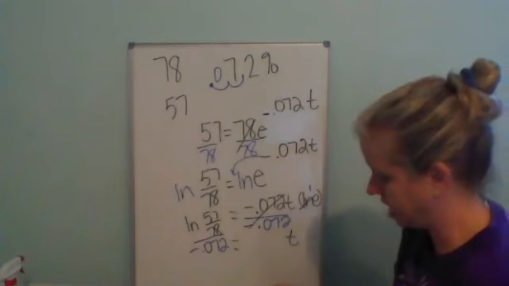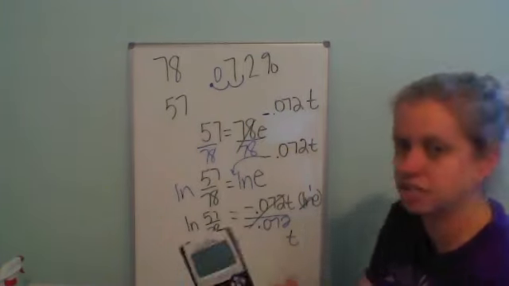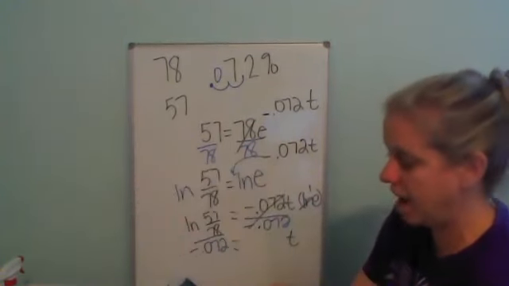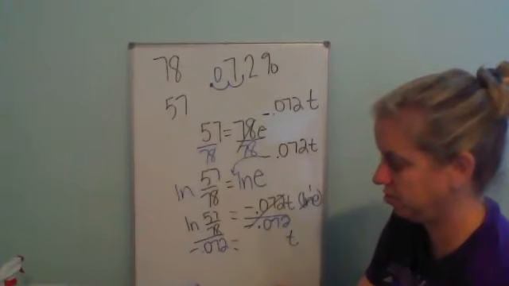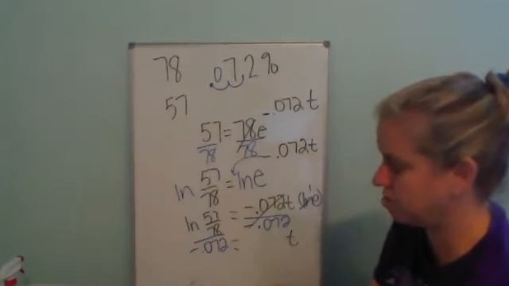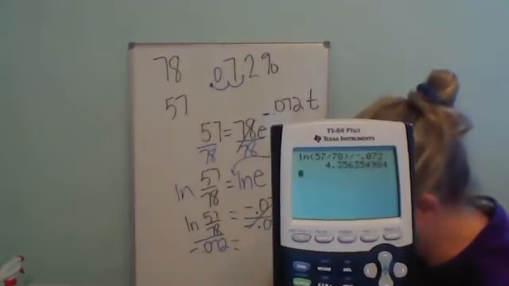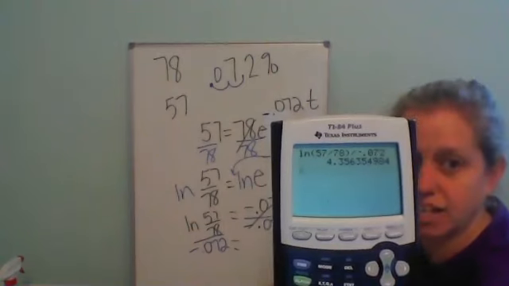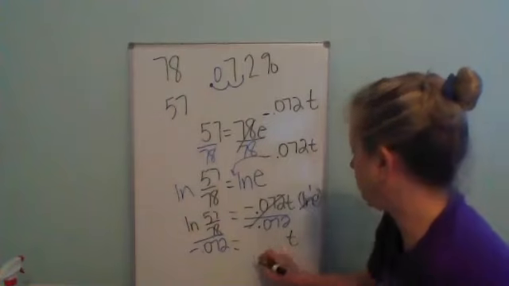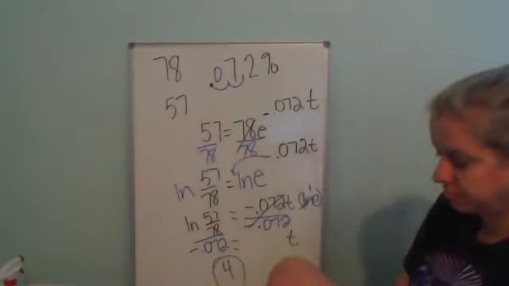So let's see. ln 57 over 78, divided by negative 0.072. And it tells me 4.3. Says round that to the nearest year. Since it's 4.3, that means it rounds to 4. And you're done.